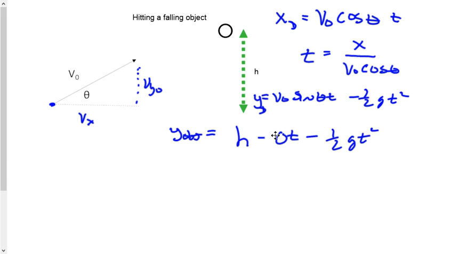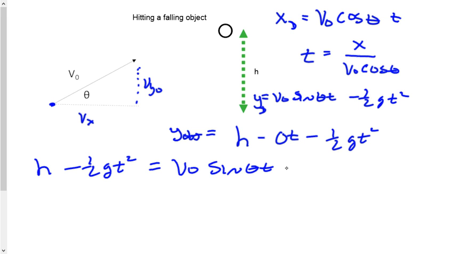So what we want to do is set both of these equations equal to each other, okay, and see what happens. So I've got then h minus 1/2 gt squared is equal to v naught sine theta t minus 1/2 gt squared.